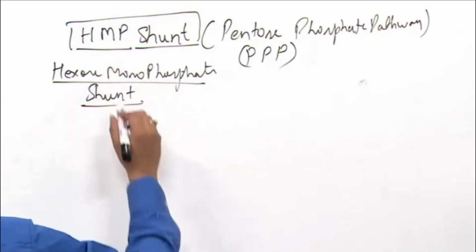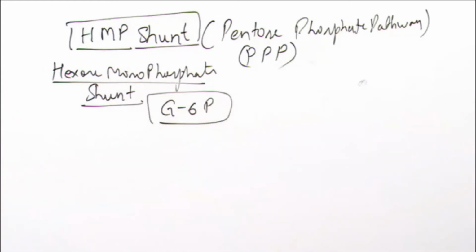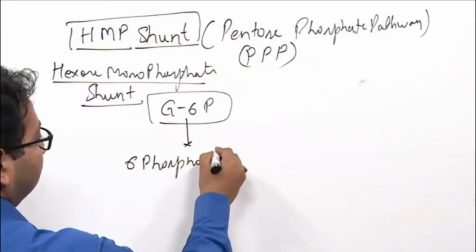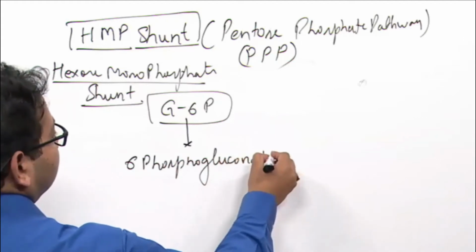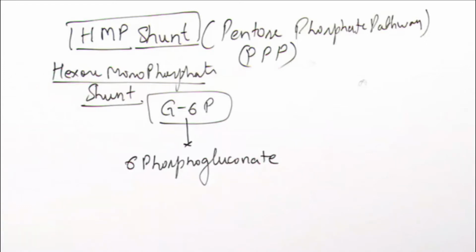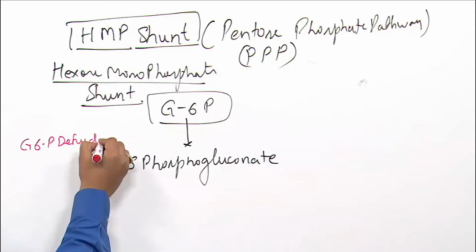Starting point of HMP shunt is glucose 6 phosphate. Glucose 6 phosphate is converted to 6 phosphogluconate by glucose 6 phosphate dehydrogenase.